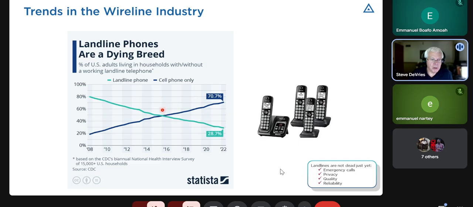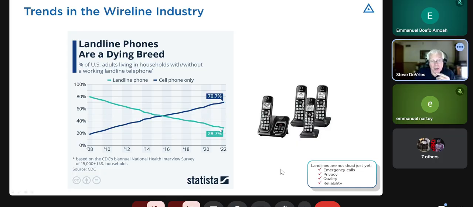But it looks like sometime right before 2016 was when the trend for landline phones was going down, down, down, and this is only households without a landline, and more people are having only a cell phone. So that line crossed there. At this time period, 2022, it was this number of people that had cell phones only, and this number of people that had a working landline.